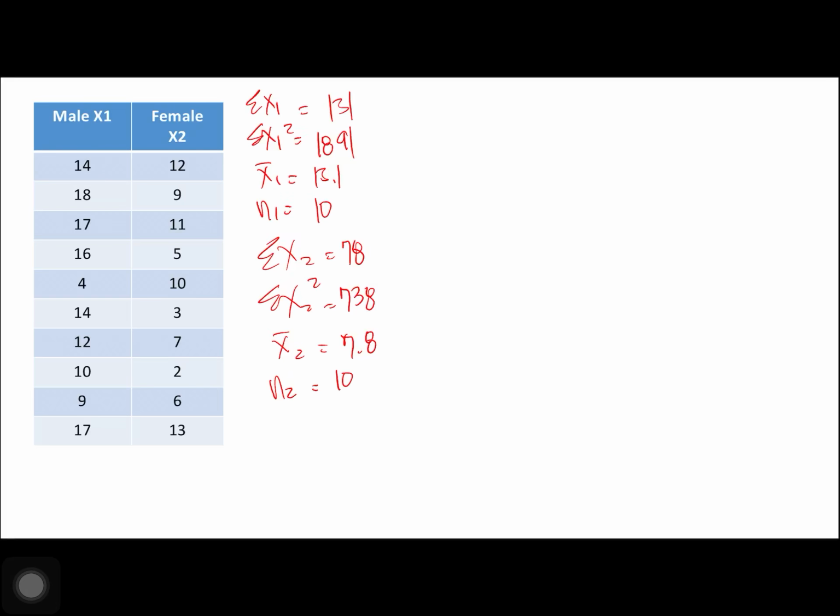So next, let us compute for the sum of squares. SS1 is equal to the summation of x1 squared minus summation of x1 squared over n1.